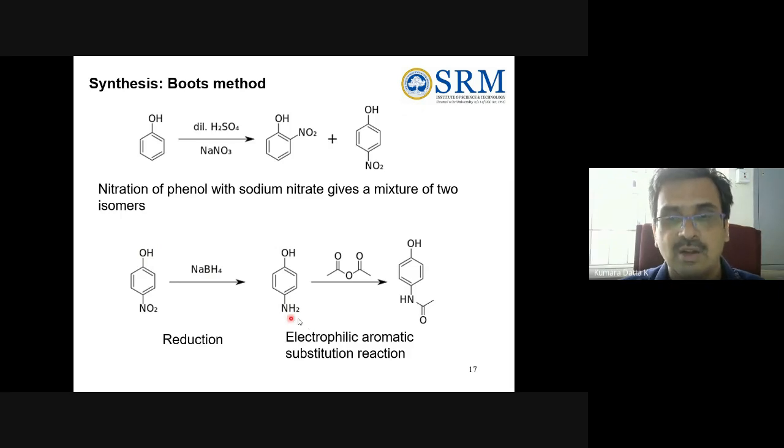Then you replace one of the hydrogens with acetic anhydride. What happens is an electrophilic aromatic substitution reaction, with the formation of acetaminophen. Okay, so this is how we get paracetamol.